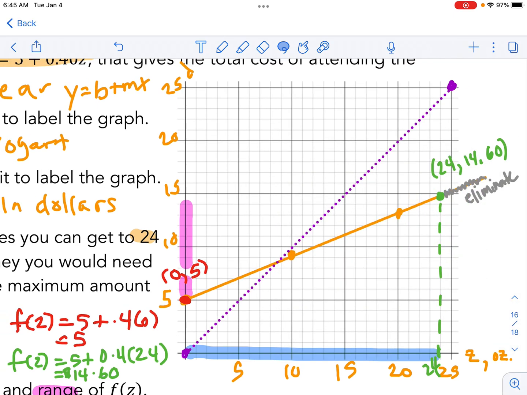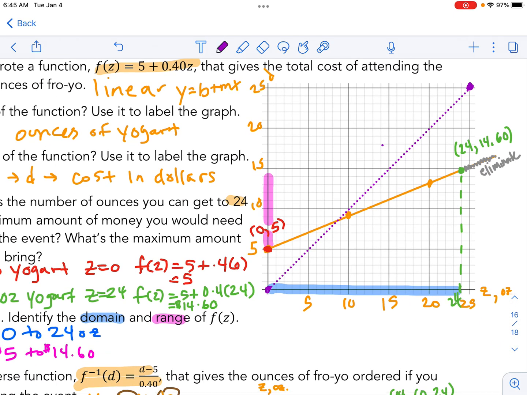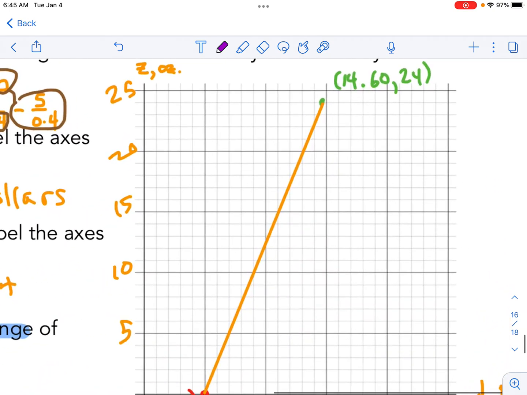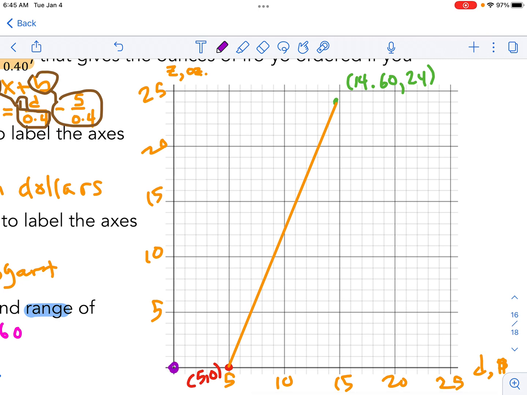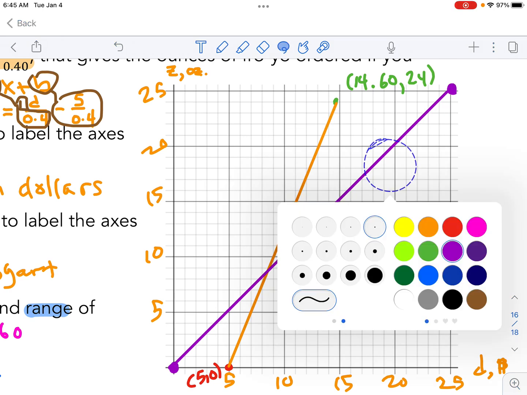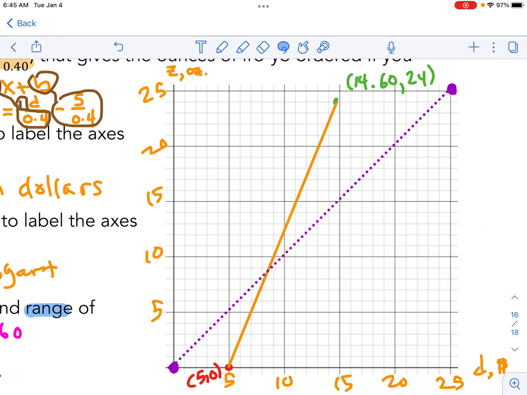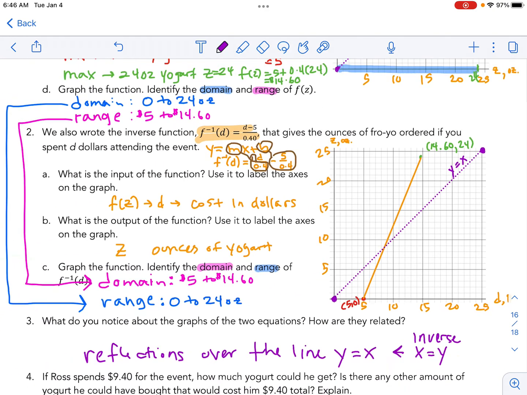That'll work. If we graph that line y equals x down here, there we go. There's the line y equals x. That's that same line.